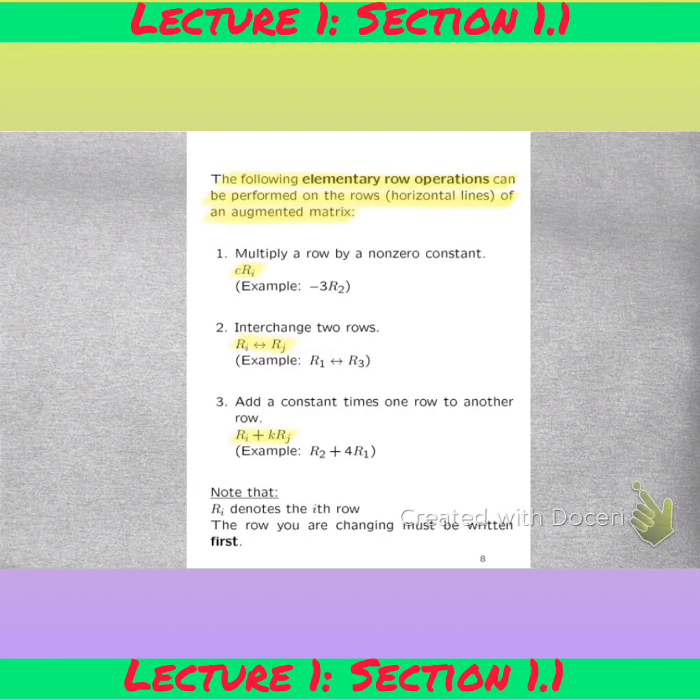And in the third case, we always list the row that we change first. So in that case, we're changing the ith row by adding a multiple of the jth row to it.